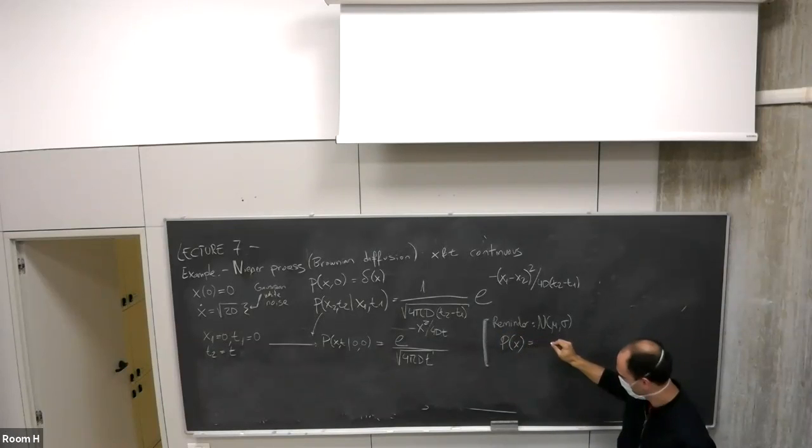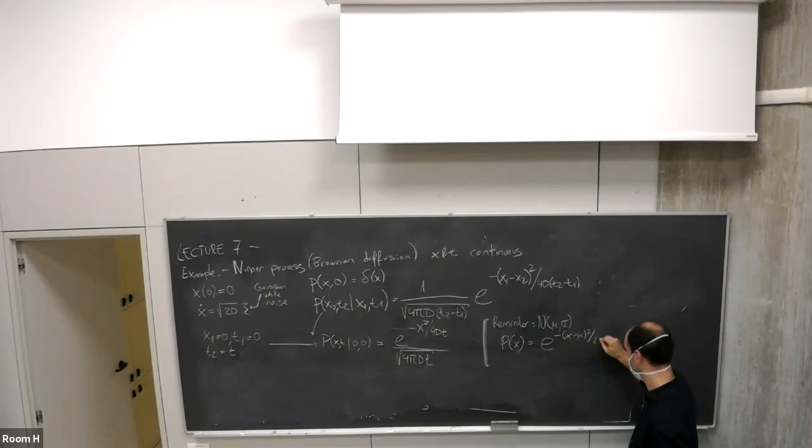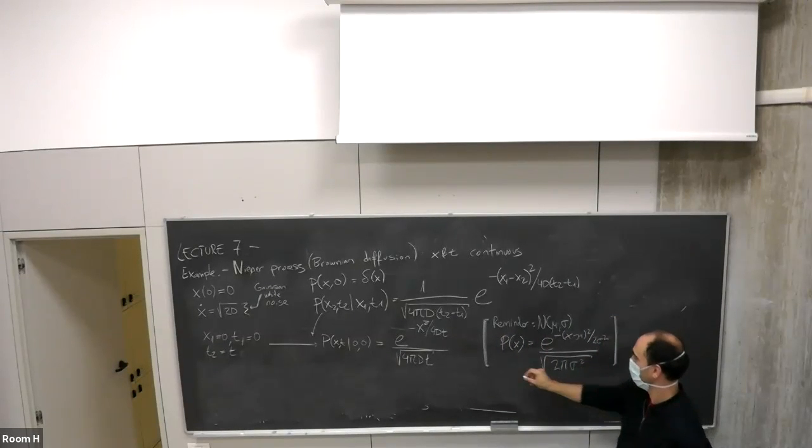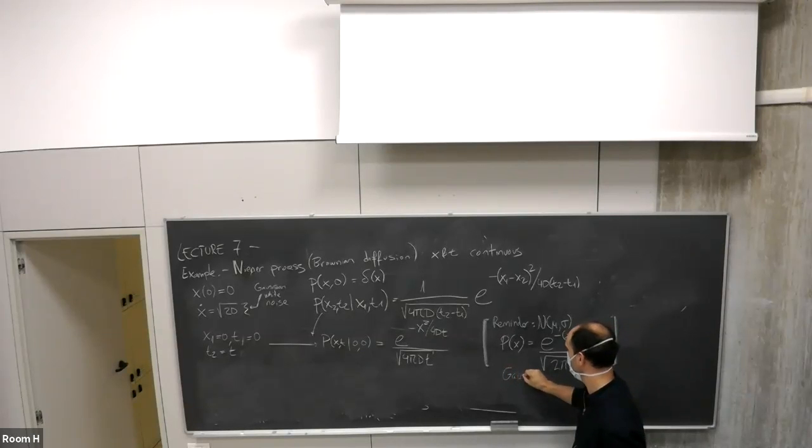Well, there is an exponential first, minus x minus mu squared divided by 2 sigma squared, divided by the square root of 2 pi sigma squared. Good. This is a Gaussian distribution.